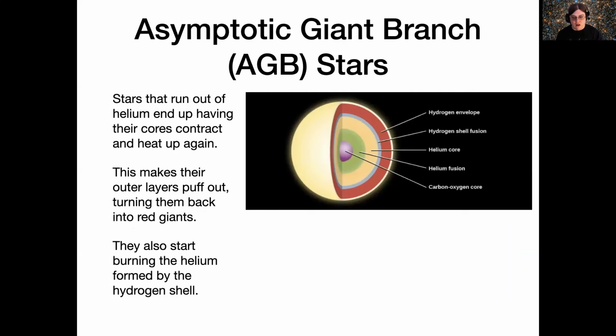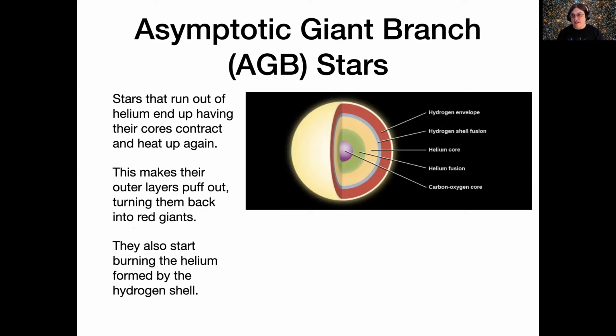All right, so we have our star nicely fusing helium in its core to carbon. It's making a little bit of oxygen and neon on the side, and it's eventually going to run out. So again, we repeat this process. The core runs out, you get contraction of the inner parts of the star because you're no longer putting out the energy to balance the gravity.